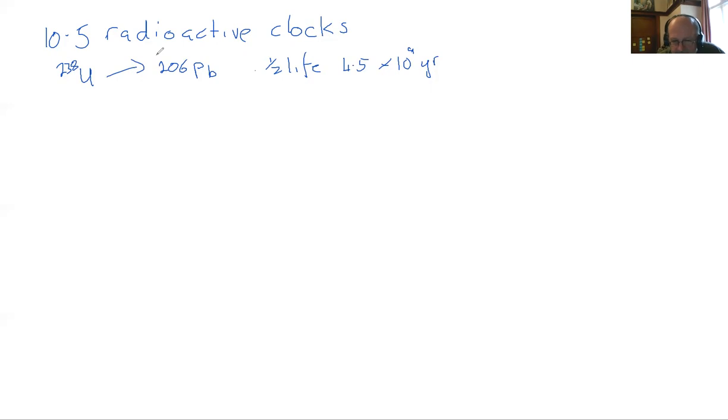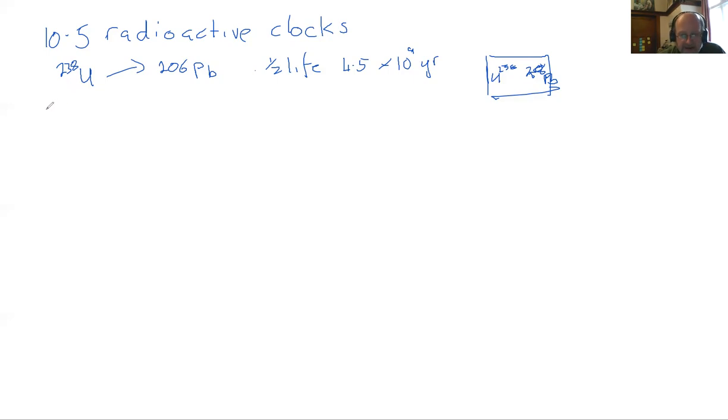So what we can do is, if we have a sample, and the sample doesn't actually have to be pure, if I measure the number of U-238 atoms, and I measure the number of lead-206 atoms, and if I compare this ratio, then I can actually tell how old that rock is. And this is what we actually use for dating some of the oldest rocks on Earth. We have actually dated rocks back to over 4 billion years ago on Earth.